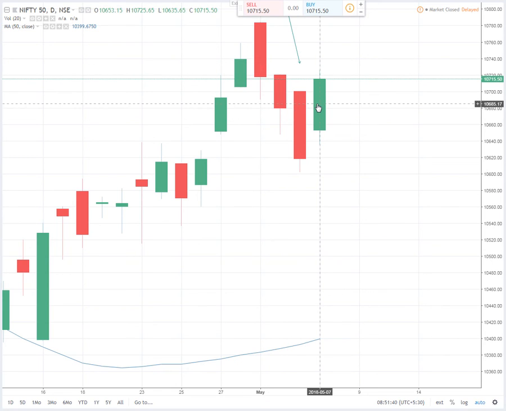And let us come to the trading session for yesterday. We have a bullish candle here after 3 consecutive bearish candles. When a downward trend is noticed with lower highs and lower lows for 3 consecutive days and the market is turning up, then it means that there is a lot of buying that has happened on the lower side.